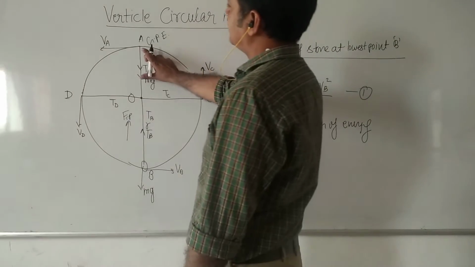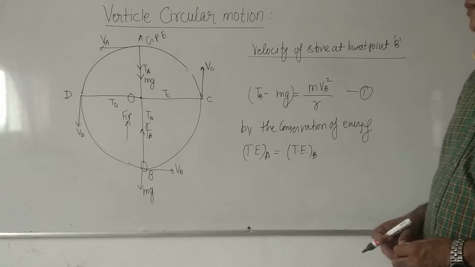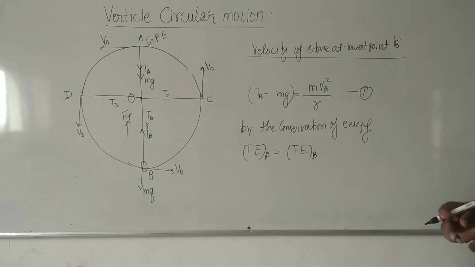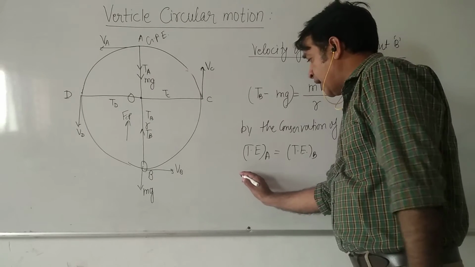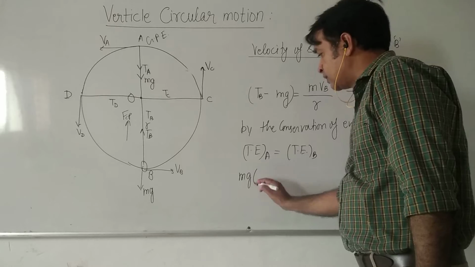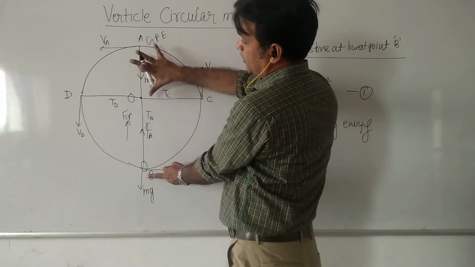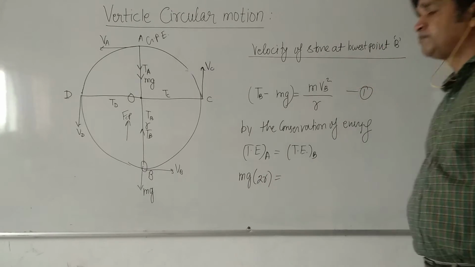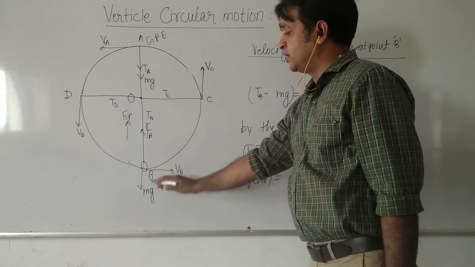So at this point, gravitational potential energy is maximum, and below point kinetic energy is maximum, so we can write mg, the height of this point from this point, r plus r, 2r, equal to the energy at this point minus energy at this point.